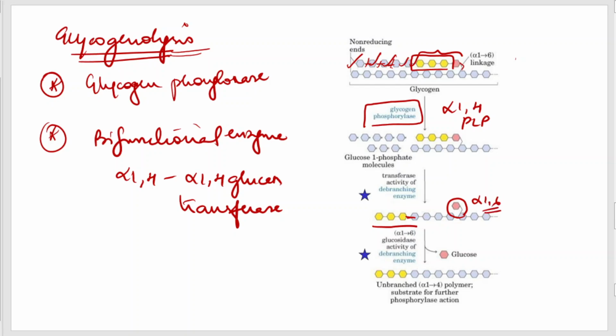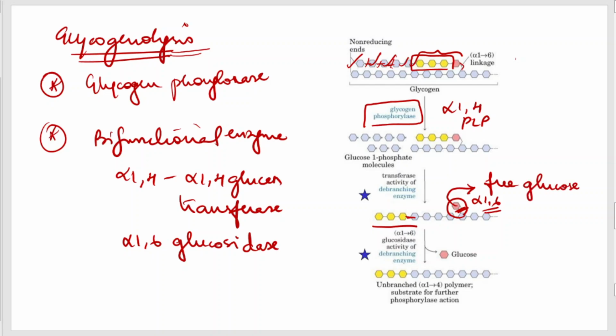Now this alpha 1,6 linkage is broken down by the second enzyme activity of the bifunctional debranching enzyme, which is alpha 1,6 glucosidase. This alpha 1,6 glucosidase will break the alpha 1,6 linkage and liberate this as free glucose.